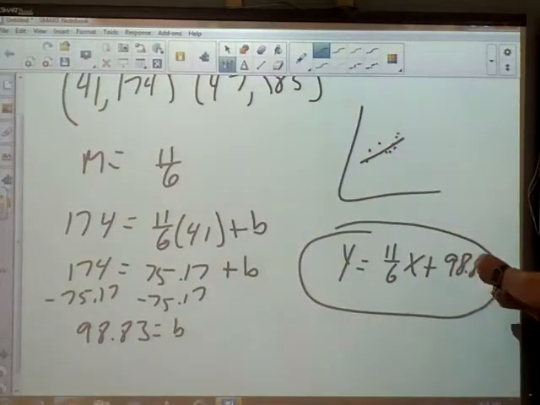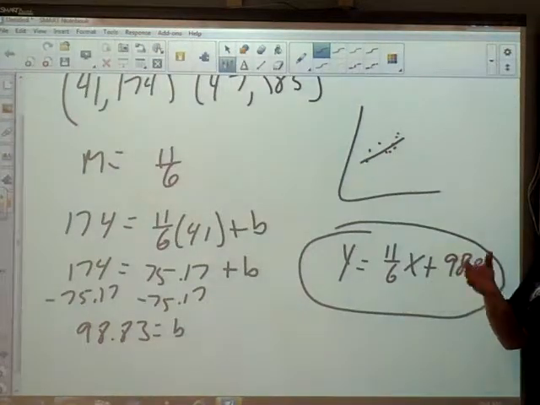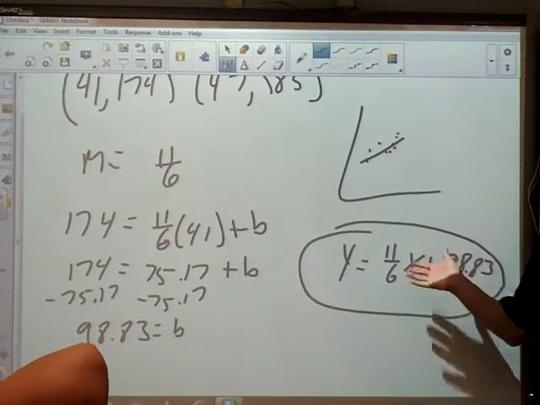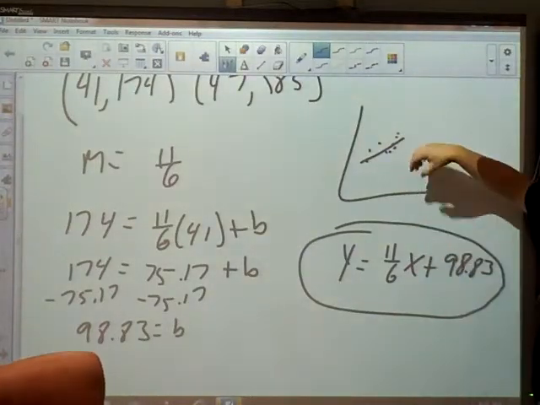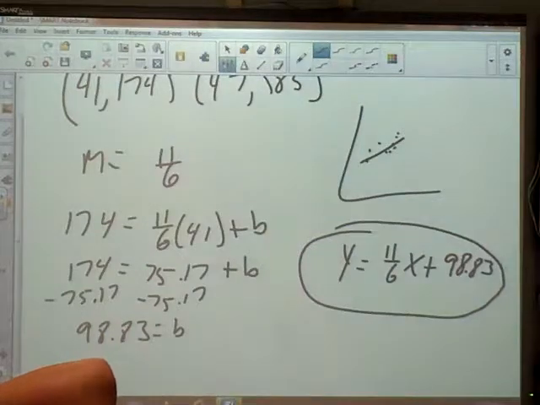According to this equation, my shortest femur length ought to be around 40, but we've got some in our table that were 30. Real people. Right, this is real people. And when you put real people and real data, we don't all fall perfect on a line every time. We're different. We're close, but we're not going to hit. That's why it's called a scatter plot and a line of best fit. They don't all hit every time.